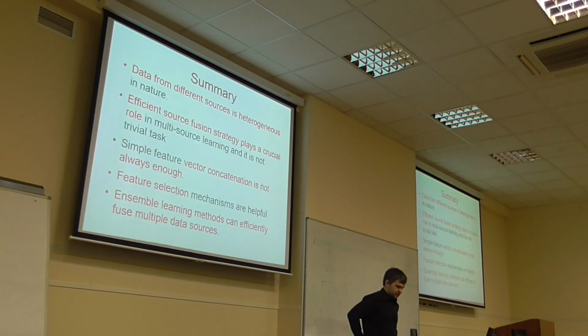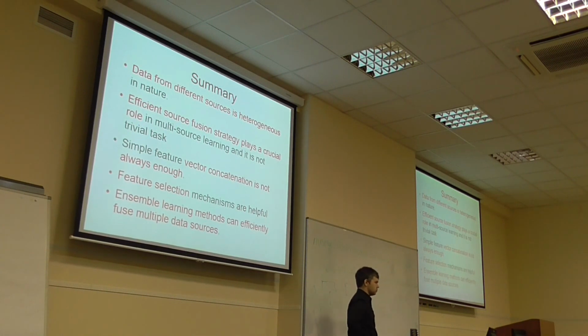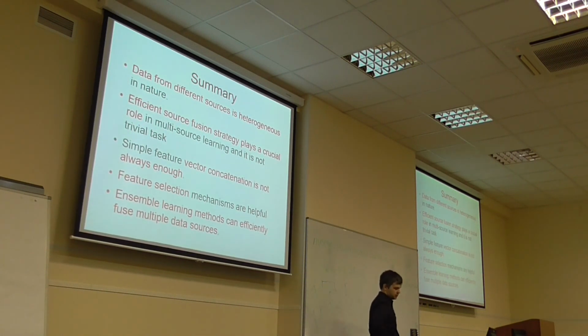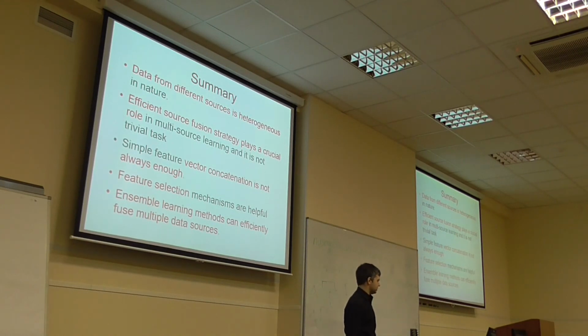And to summarize, it's very important to merge data sources together, to jointly leverage all the data sources instead of just one source. And it's crucially important to merge sources efficiently rather than just linearly combine them in a very simple way, or just do some early fusion, which causes some problems like the curse of dimensionality.